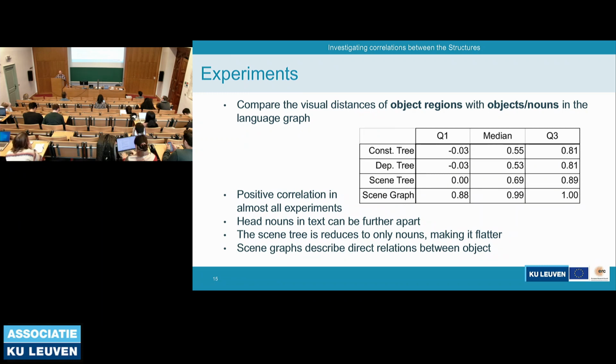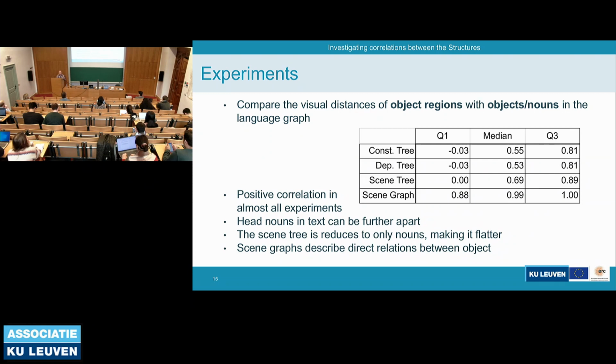And these language structures perform worse than the other two, but that might also be because there are way more words that cause a bit of noise, with all the determiners and extra words that are not needed for visual representations. If we look at the scene tree, we get a much better correlation, which is as expected, since it's more directly aligned to the image.